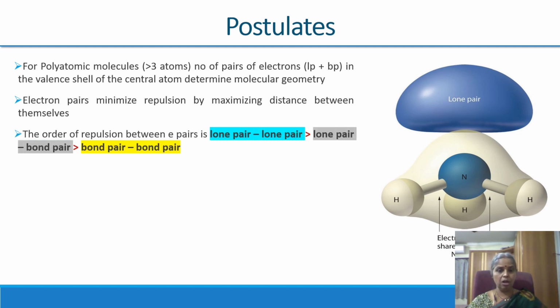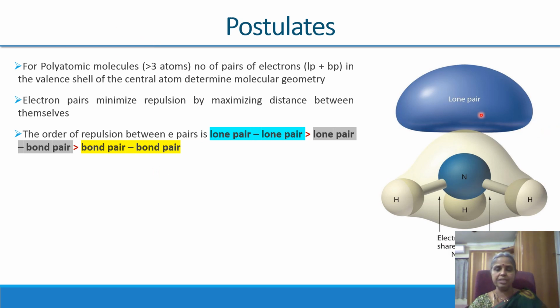Now let us see the order of repulsion. Lone pair repulsion is greater than lone pair bond pair repulsion, which is greater than bond pair repulsion. So what is the order of repulsions? Lone pair greater than lone pair bond pair, which is greater than bond pair repulsion.